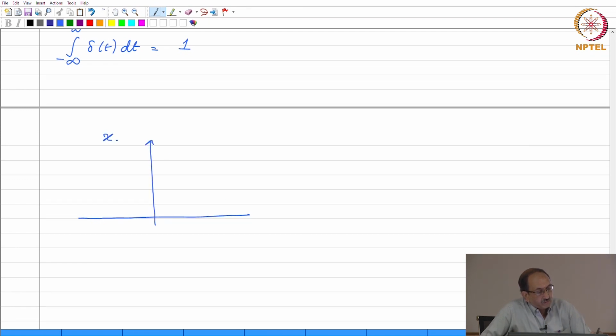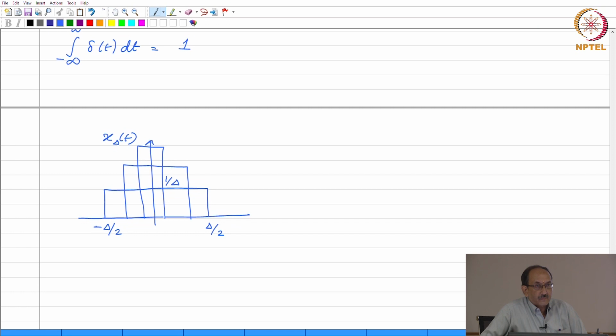We have a sequence of pulses. This goes between minus delta by 2 to plus delta by 2, and the height is 1 over delta. And then we let the pulse become skinnier and skinnier and taller, all the while maintaining unit area.